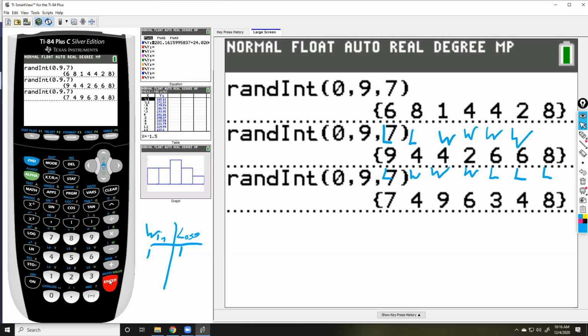Next group. I'll tally this one more time. We have a loss, a win, a loss, loss, win, win, loss.